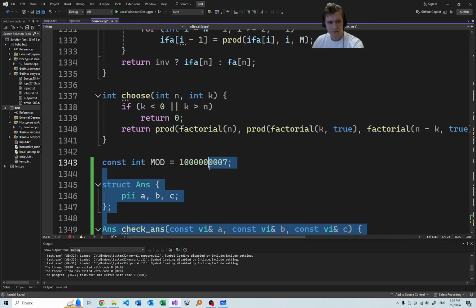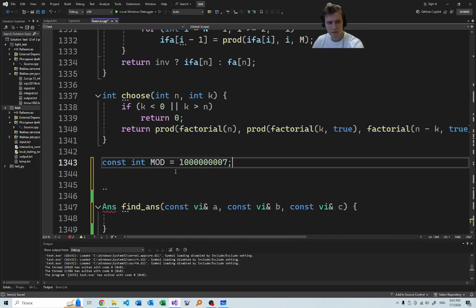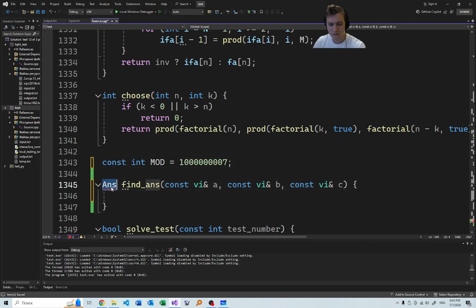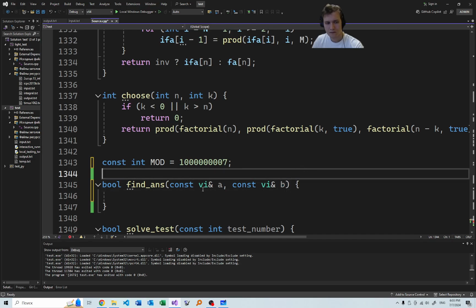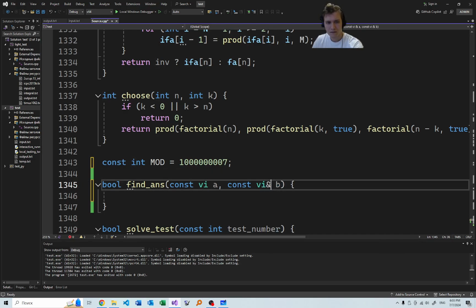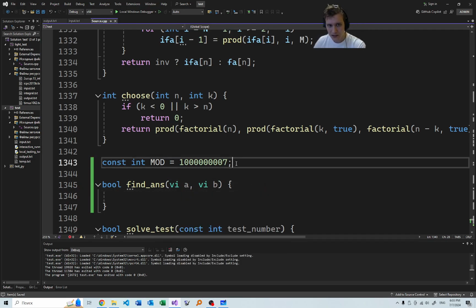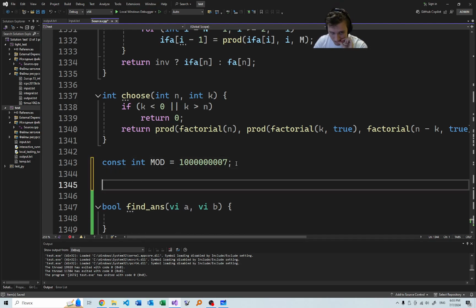Let's go. Okay, so first of all, we need to write a function which sorts and finds the number of inversions.